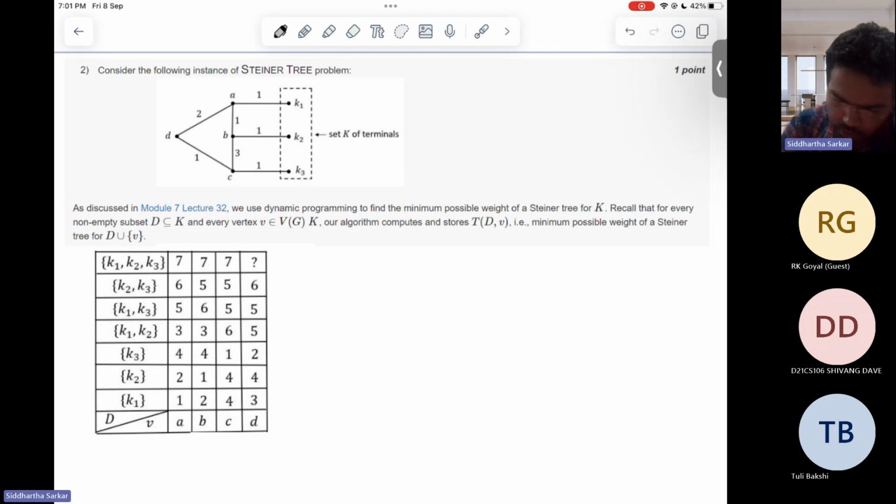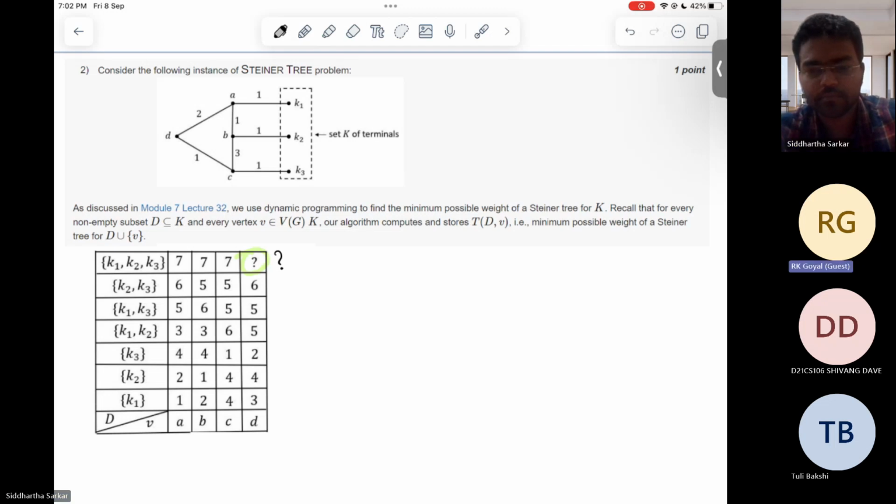So there is a missing link, and we have to find this. In fact, I have to tell you what is the recurrence relationship, otherwise you won't be able to solve it. So let's resume after 5 minutes, then we can discuss it.